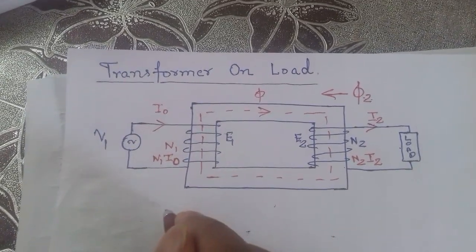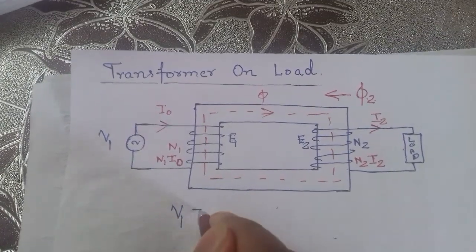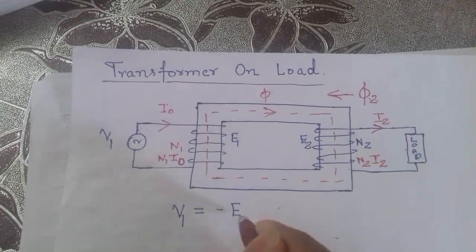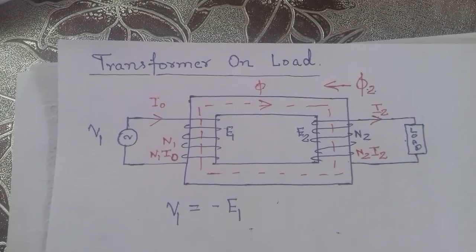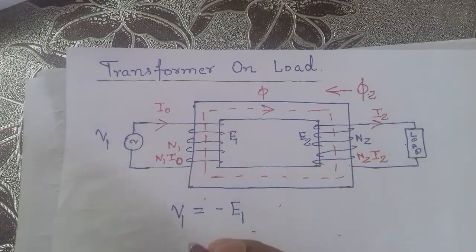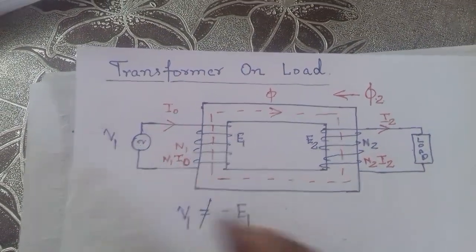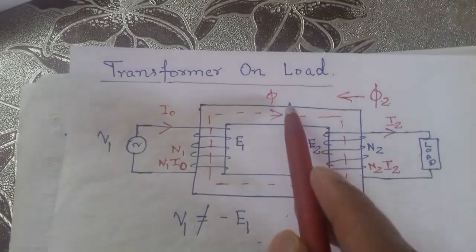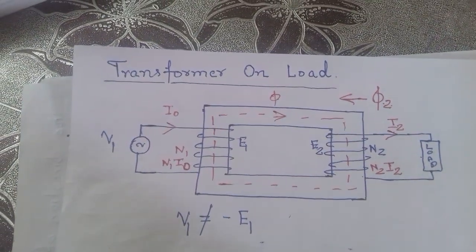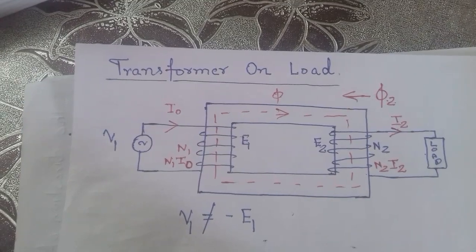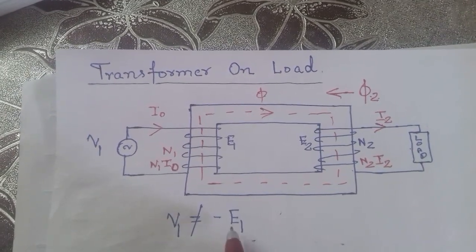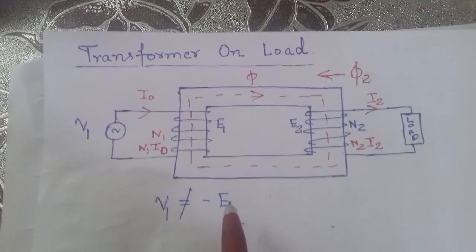As we know, there is a balance between V1 and E1, given by V1 equals minus E1. It will not be equal as the flux phi weakens. Means the difference between V1 and E1 increases.